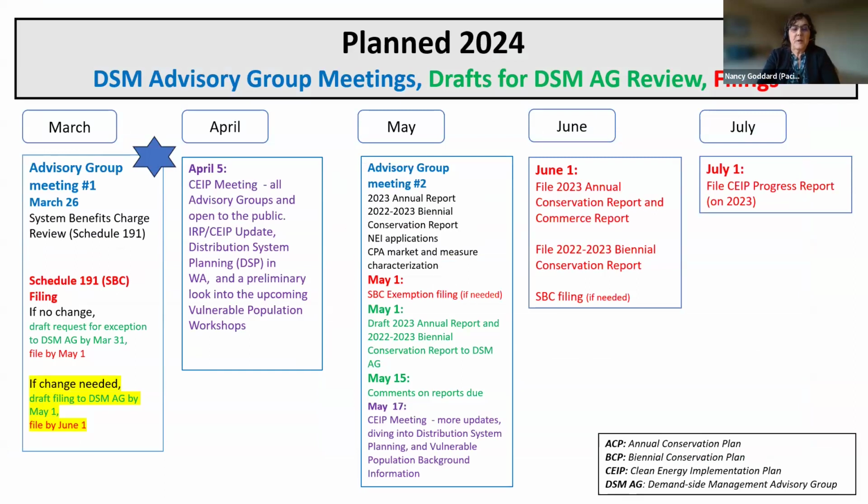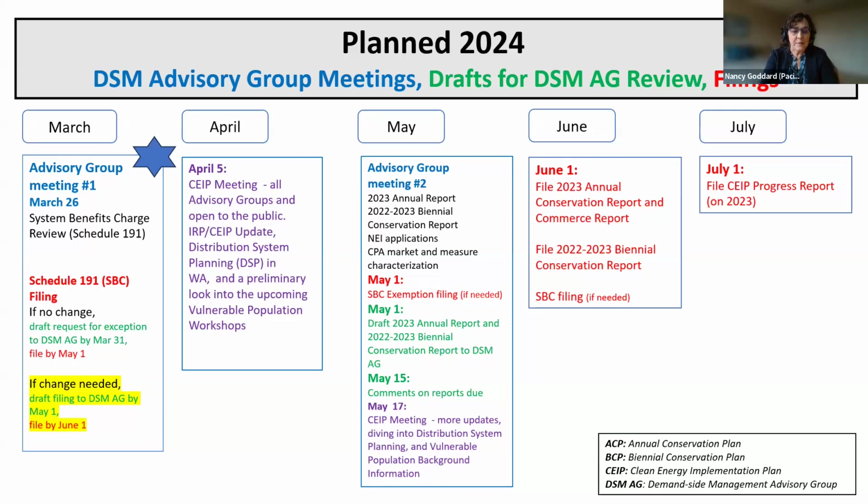And these programs are how we achieve the energy efficiency targets that are defined in the Clean Energy Implementation Plan and our Energy Independence Act biennial conservation targets. Our goals are to meet both the energy efficiency targets with a cost-effective portfolio of programs and also to increase named community participation in the programs.